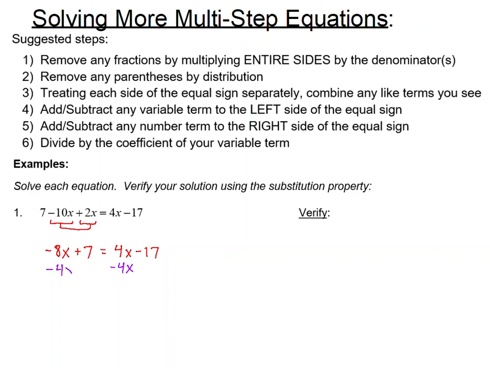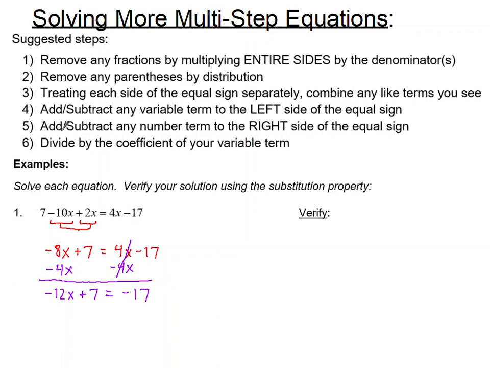So I'm going to put it underneath the negative 8x. I'm going to draw my line, and I'm going to cross that out because now it's gone from the right side of the equal sign. Negative 8x minus 4x is negative 12x. Just combine my coefficients. The positive 7 is going to drop down. The equal sign is going to come right here, and the negative 17 is right there.